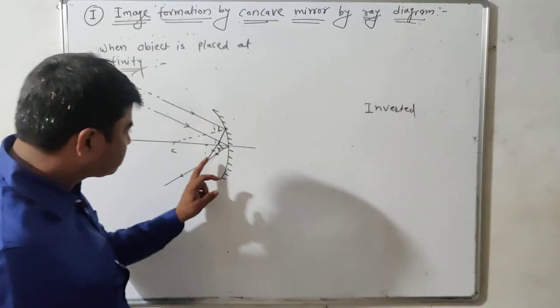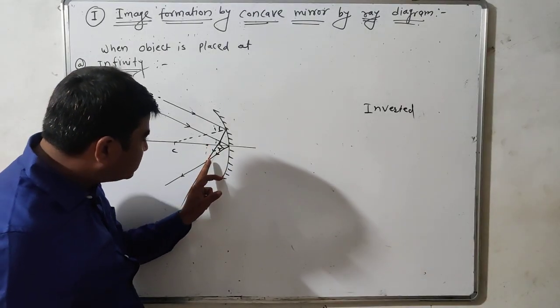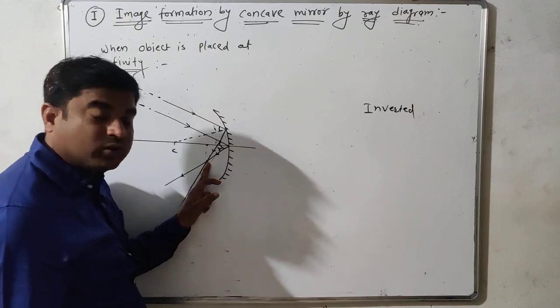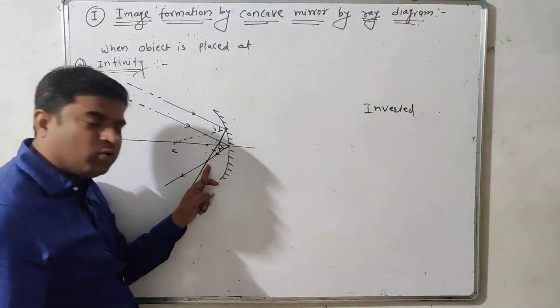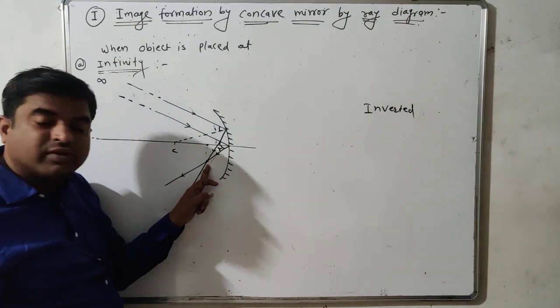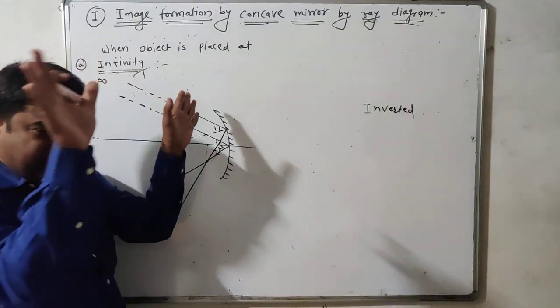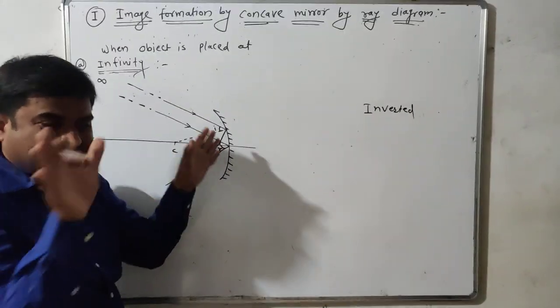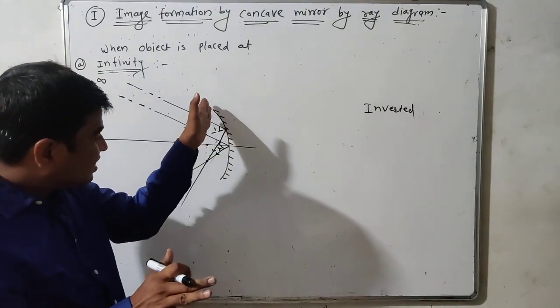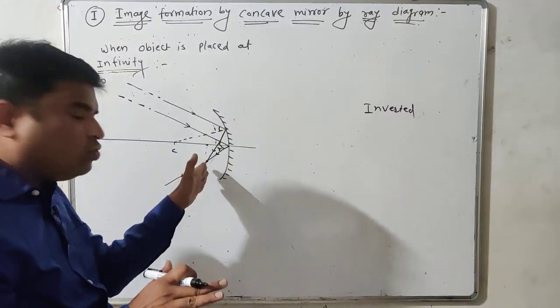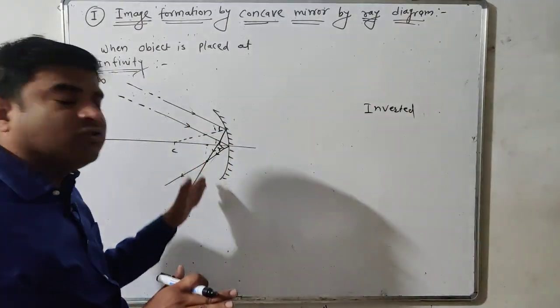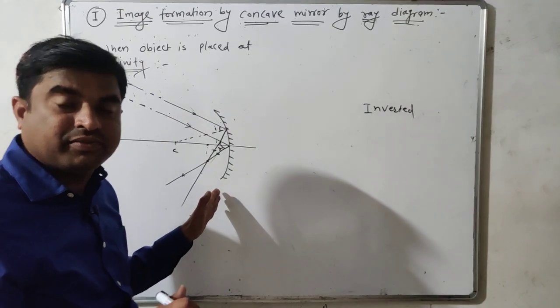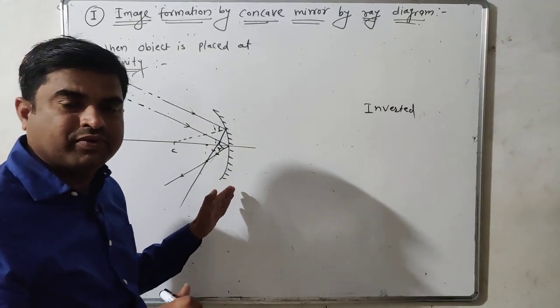So student, this image is located exactly above what? Focus. A plane which is parallel to, or which intersects, the focus is called the focal plane. It is called what? Focal plane.